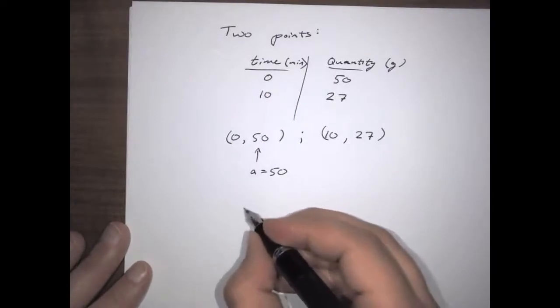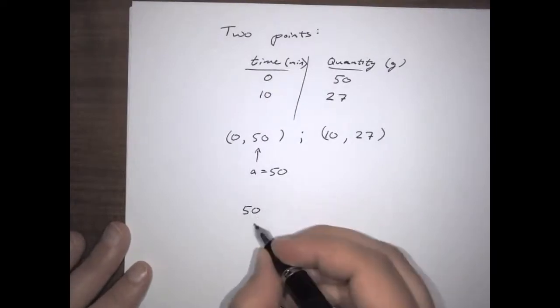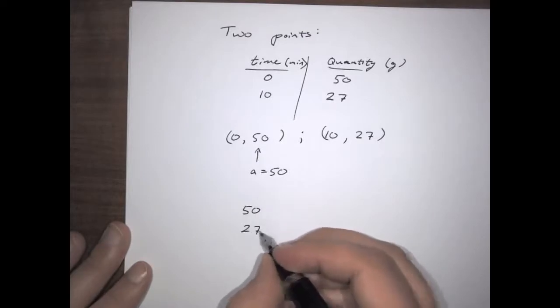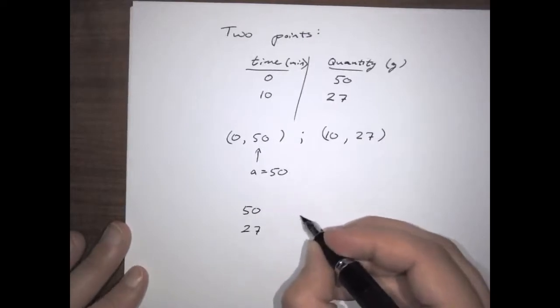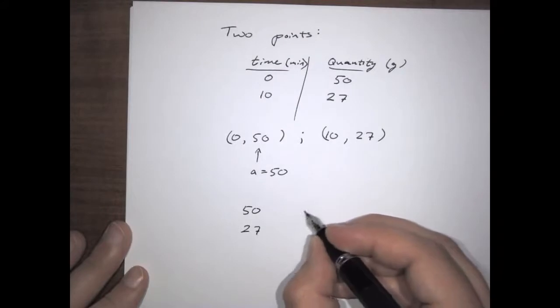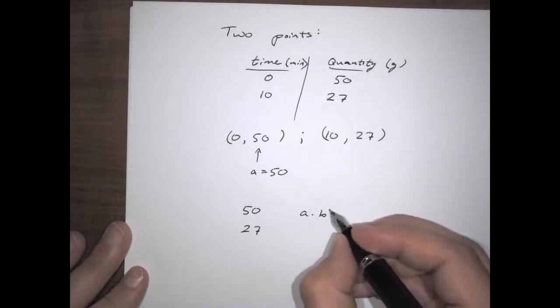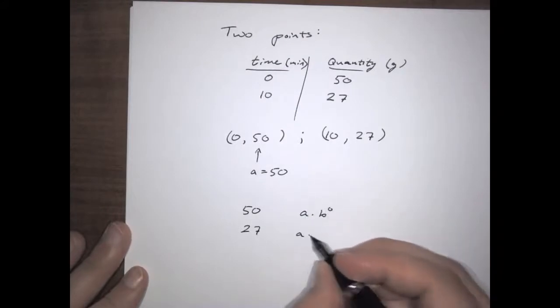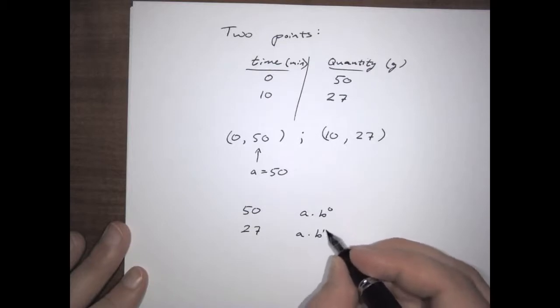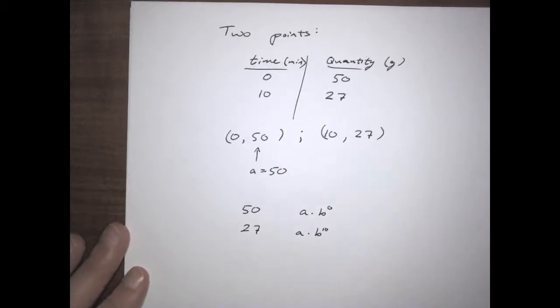Now 50 and 27 are the y1 and y2, and then a times b to the 0 and a times b to the 10 are right here.